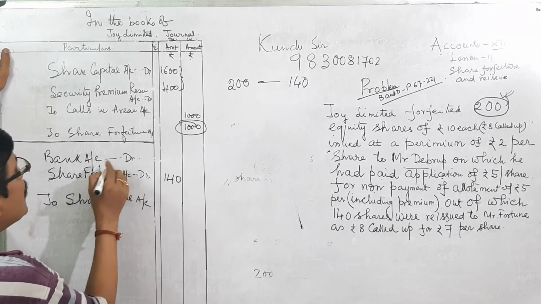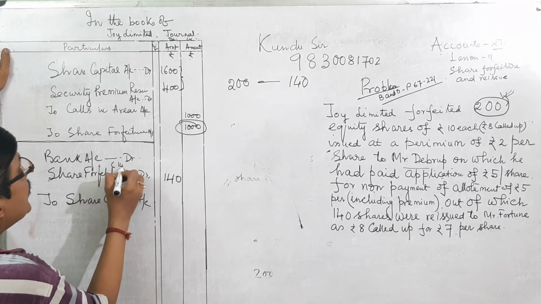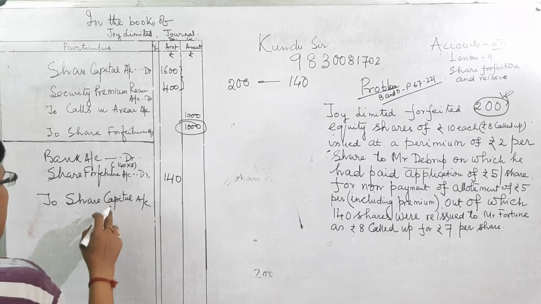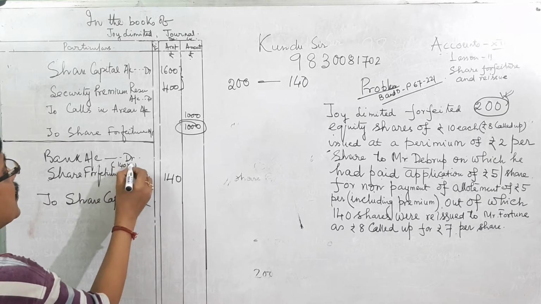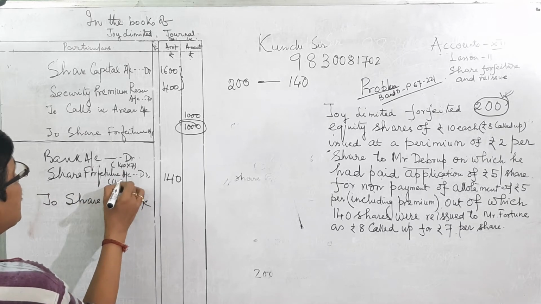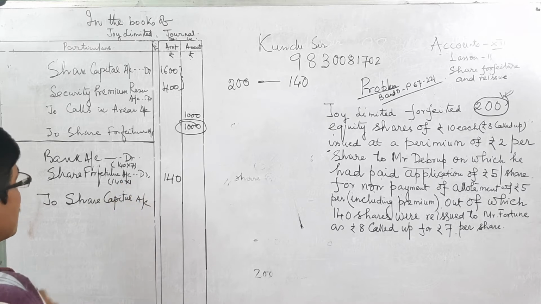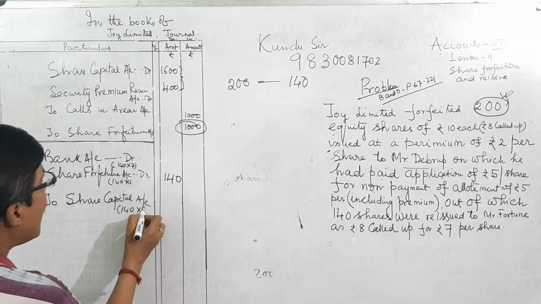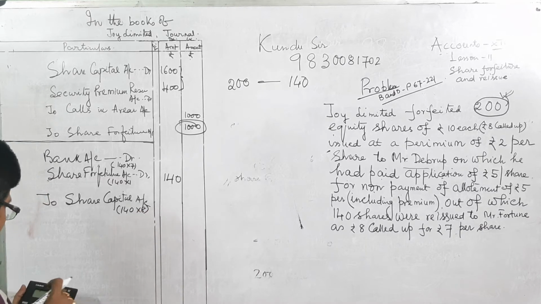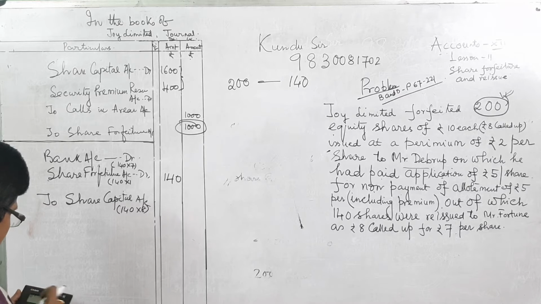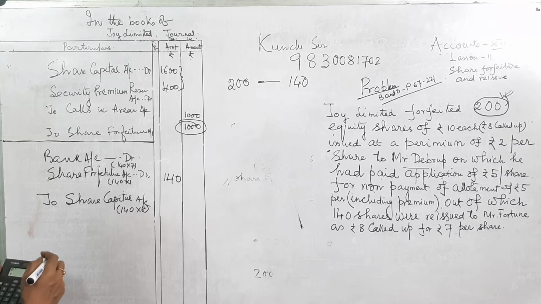Share capital is created 140 into 8: bank 140 into 7, share forfeiture 140 into 1, and share capital created 140 into 8. That means the discount 1 rupee we are taking from share forfeiture account.